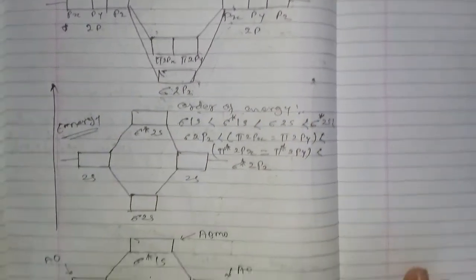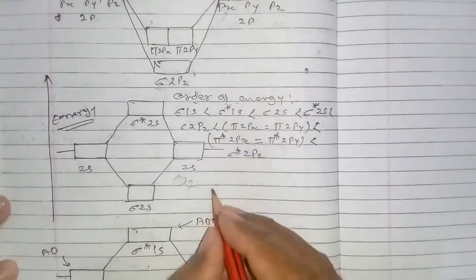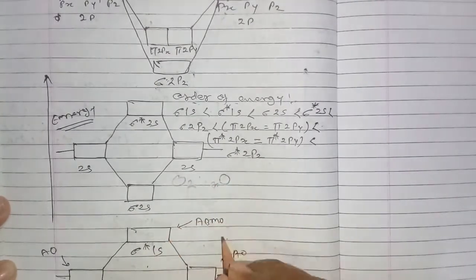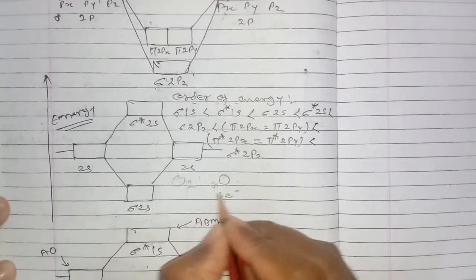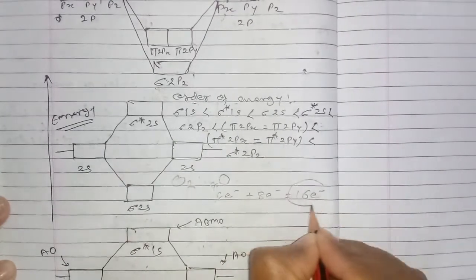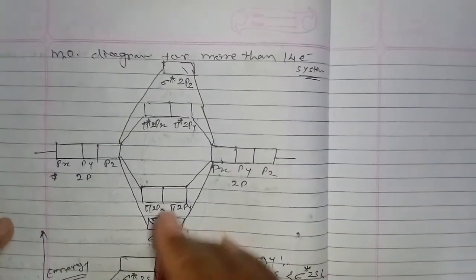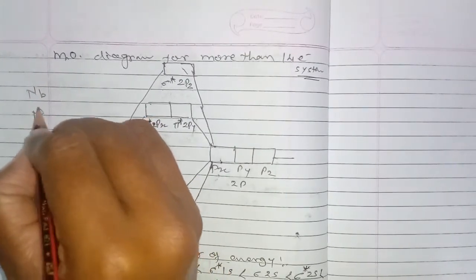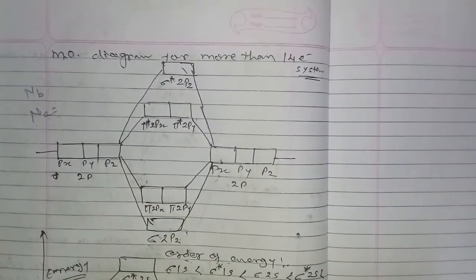Now let's see the example of the oxygen molecule. For oxygen the atomic number is 8, and the number of electrons present in the oxygen molecule is 8 plus 8, total 16 electrons. So this diagram will help us find how many electrons are present in bonding orbitals and in antibonding orbitals.